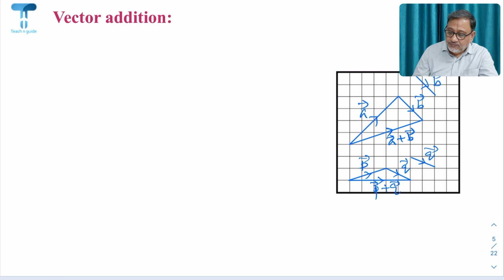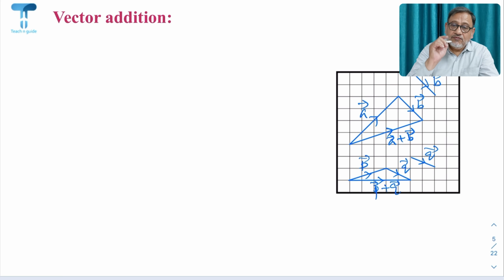Look here, this is the initial point of P, and this is also the initial point of vector P plus Q, and this is the terminal point of vector Q. This is also the terminal point of vector P plus Q. Like this I can write P plus Q, the addition of two vectors. Is that clear to you?